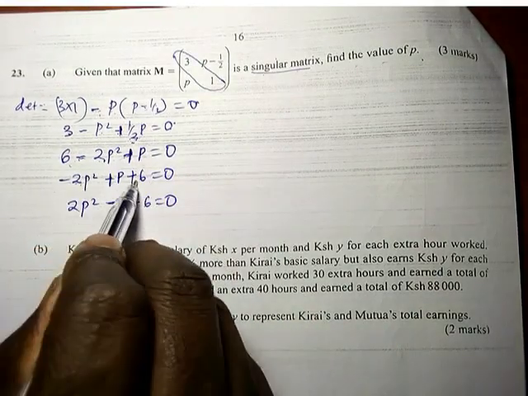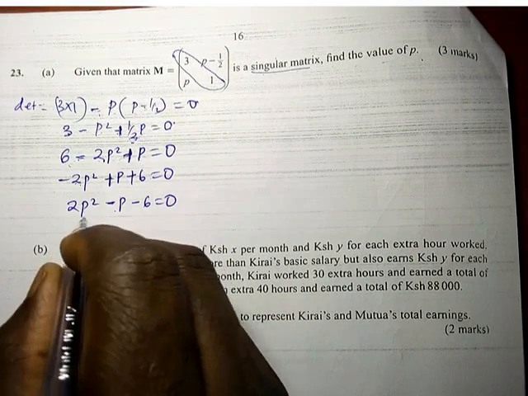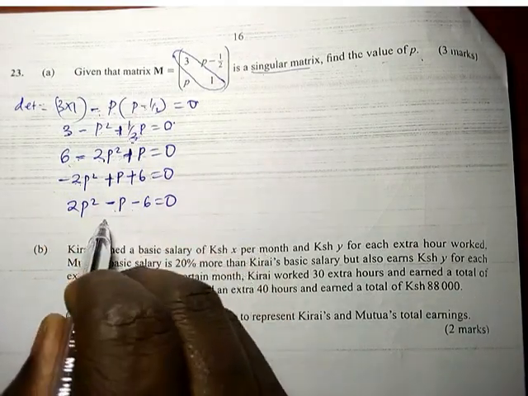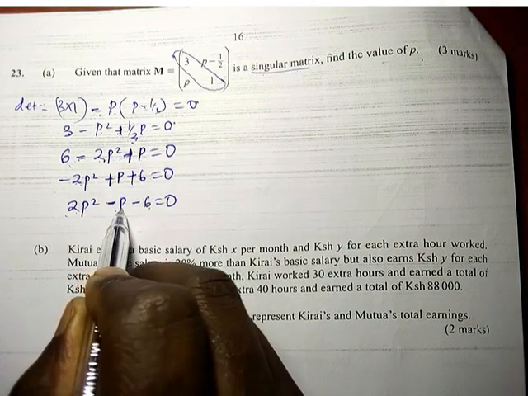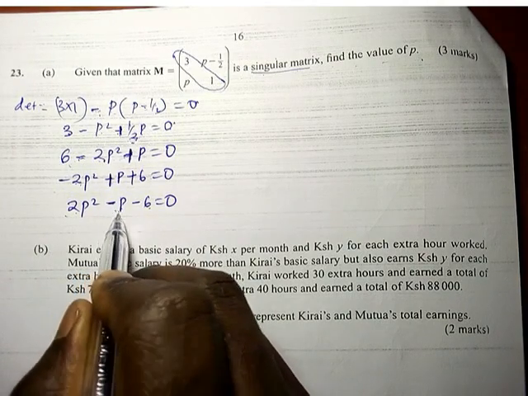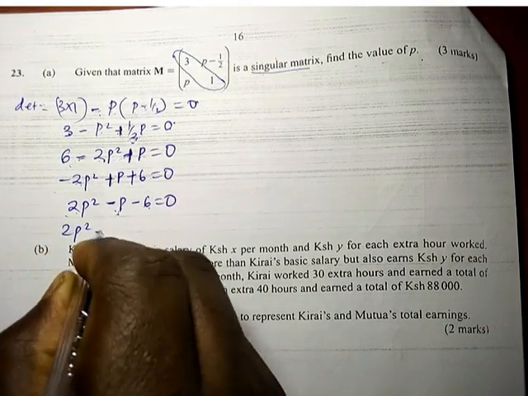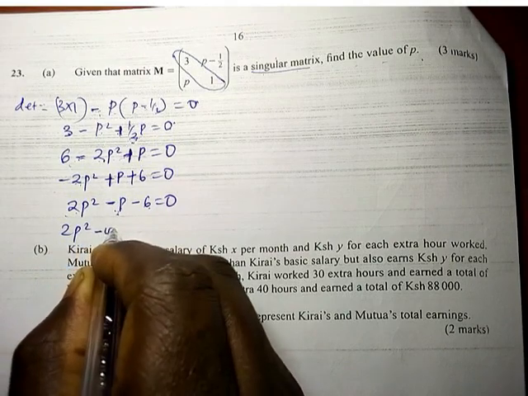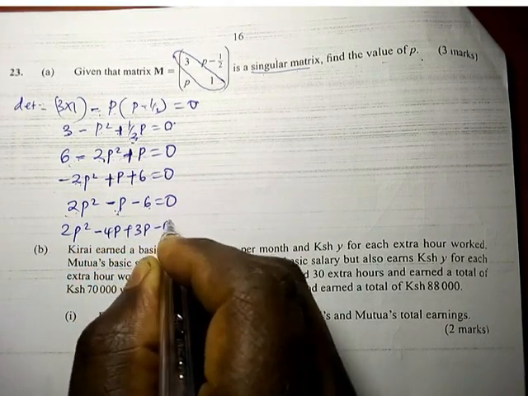You divide by negative everywhere, it will be like this. So two numbers, when you multiply, the answer is 12. When you add, the numbers are 3 and 4. But which one is going to be negative? 4 is going to be negative. So 2P squared minus 4P plus 3P minus 6 equal to 0.